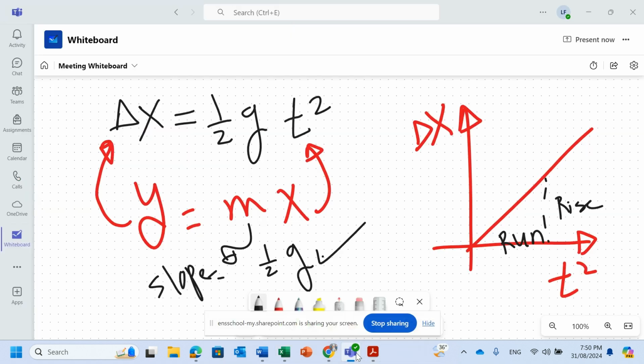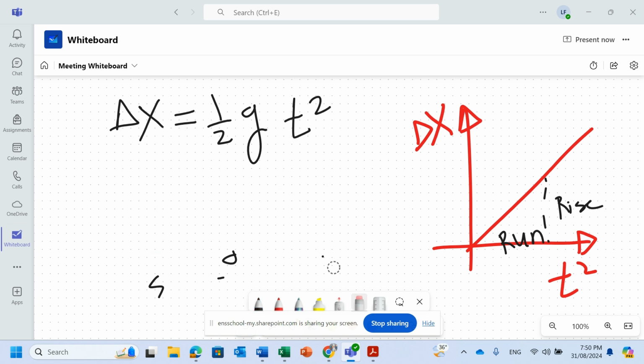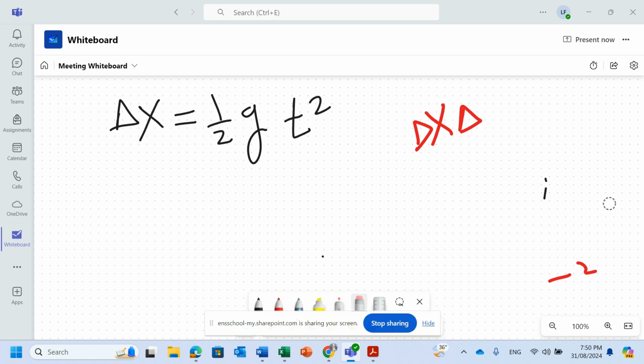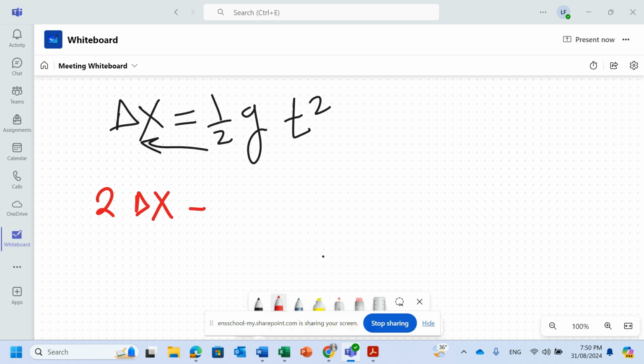Now remember, this is the equation. I need to separate g and write the equation in terms of g. If I do cross multiplication, I will get 2 delta x equals g t square.